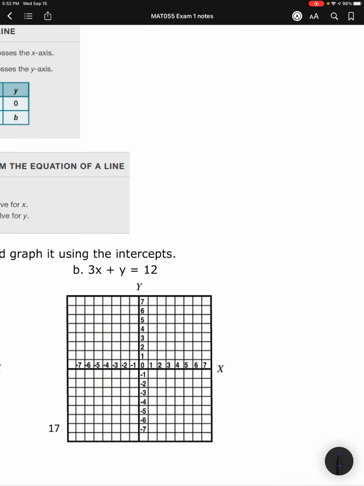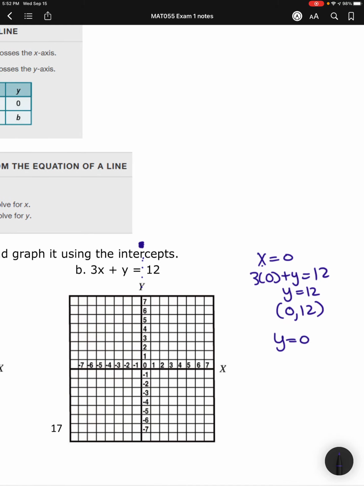All right, let's do another example. I'm going to start by making x equal to 0, finding the y-intercept. So I get 3 times 0 plus y equals 12, which is just y equals 12, or 0, 12. I keep picking stuff that's off the grid here, so it's like 8, 9, 10, 11, 12. It's way up here.